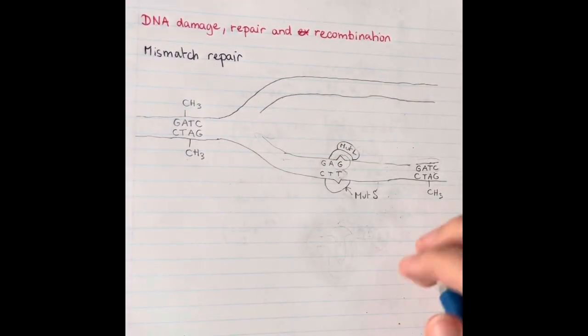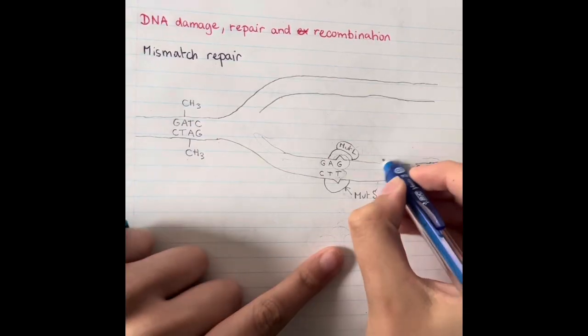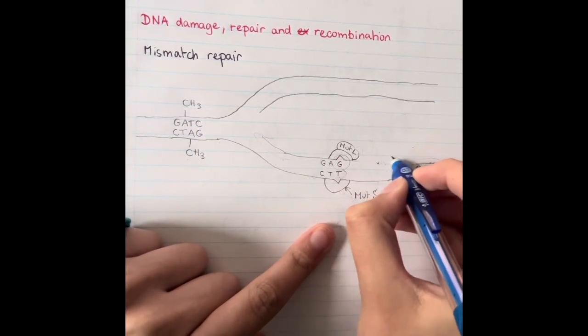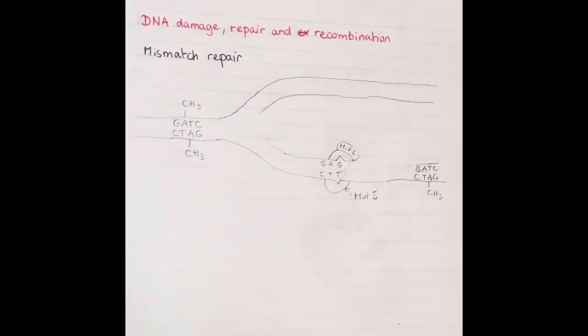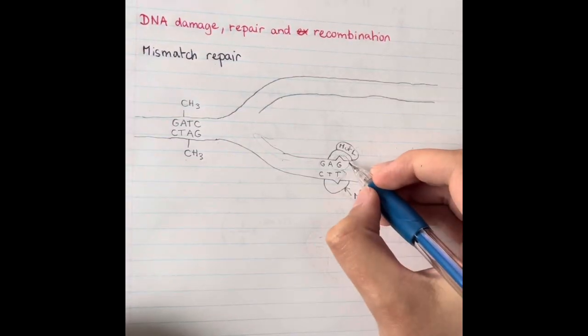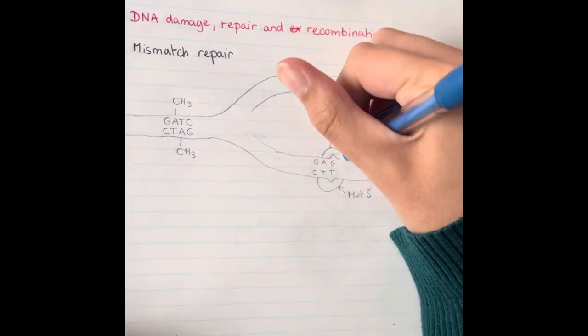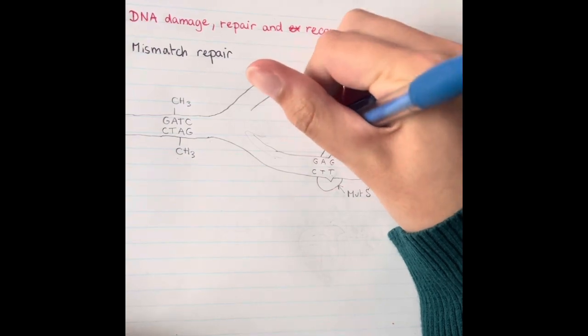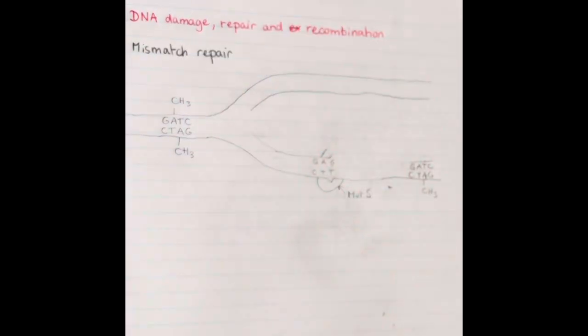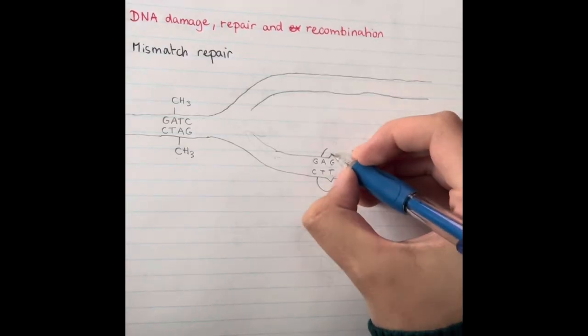This leaves room for another protein, which is called helicase II. What it is going to do is unwind the daughter strand from the parental strand.